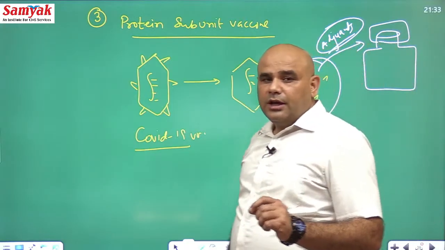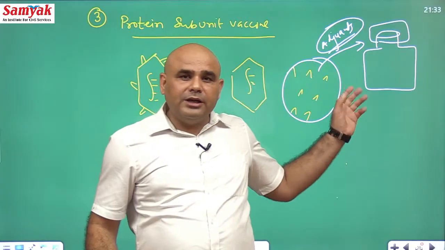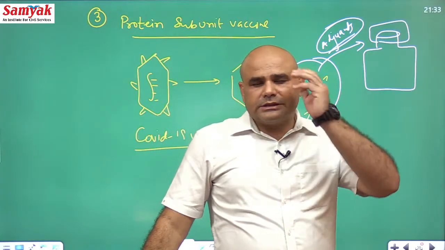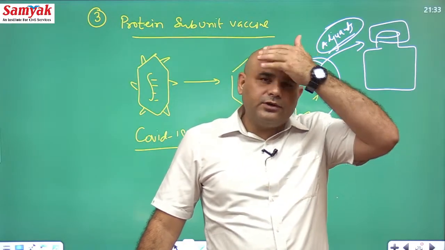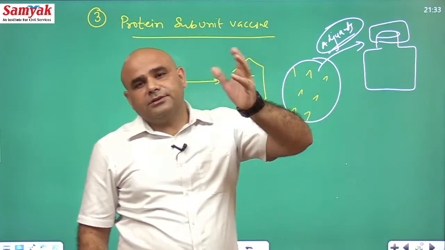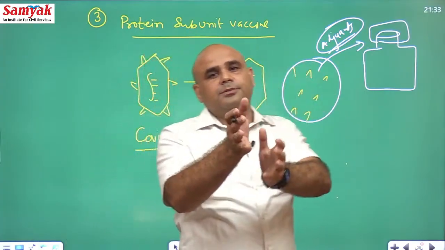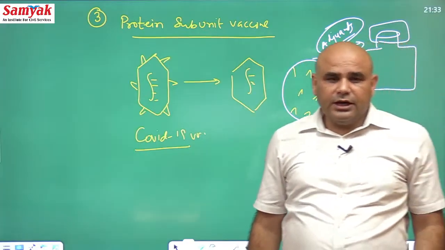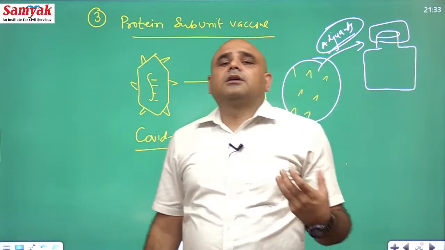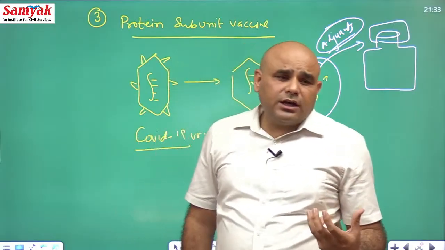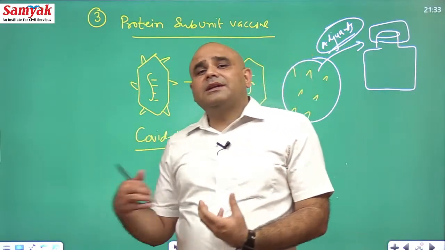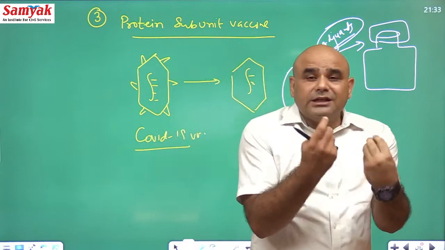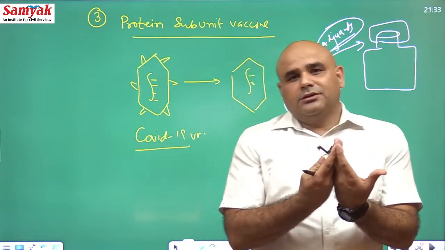Always remember, adjuvants are added into many vaccines. So whenever you are studying any vaccine, please be aware in which vaccines adjuvants are present and in which they are not present. Adjuvants are, you can say, toxic chemicals which are harmful to your body, but they help us to trigger a good immune response.